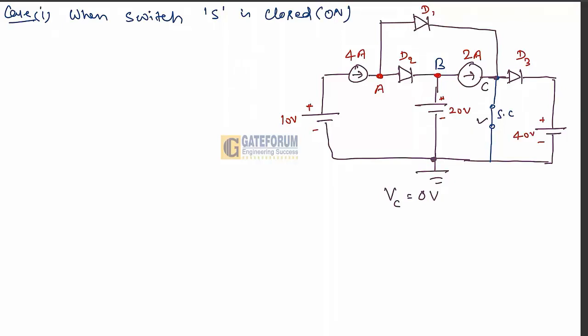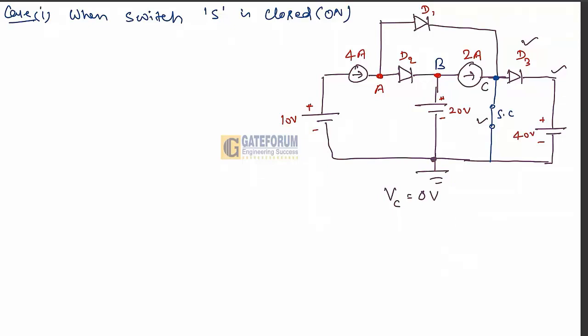And for this D3 diode, the anode side voltage is 0 and the cathode side is connected through this 40 volt. So this is indicating that the D3 diode must be reverse biased. It will not conduct, because the anode side voltage at this point is 0 and the cathode side is 40 volts.